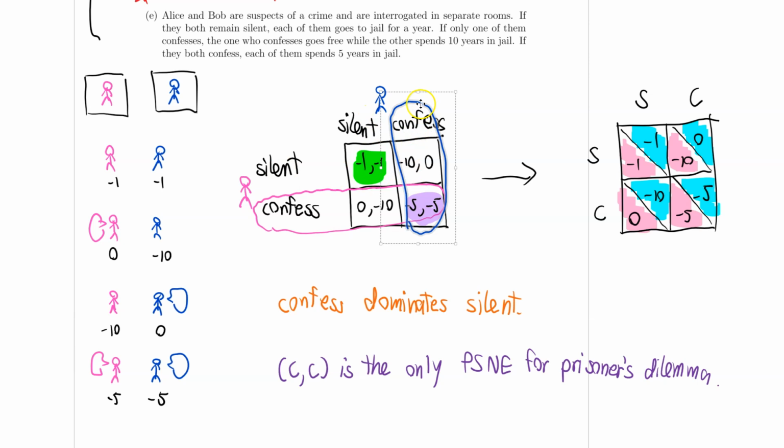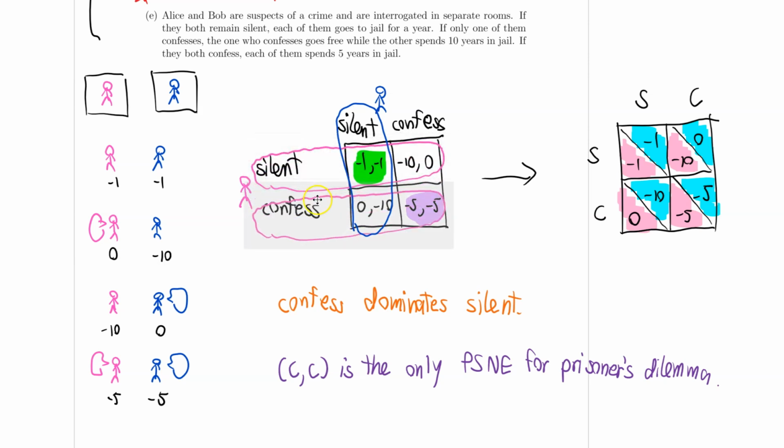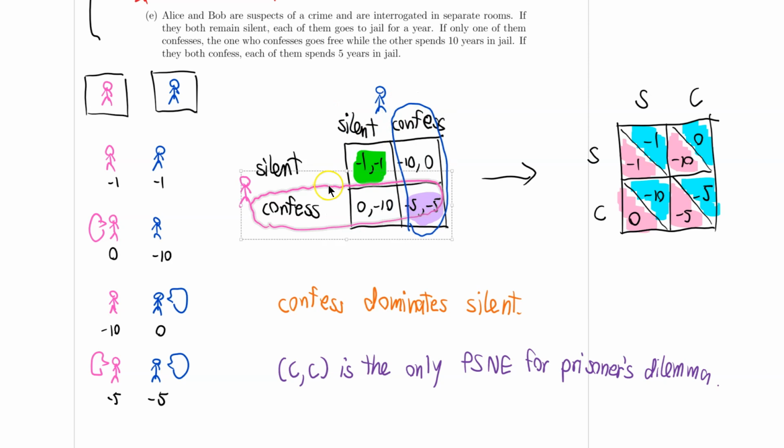For example, if Bob were to remain silent, putting ourselves in Alice's shoes, we should just confess and go free. On the other hand, if Bob confesses, then I have to choose between going to jail for 10 years or 5 years, and 5 years is the better option. So if Bob confesses, I should confess. What that means is no matter what Bob does, Alice should always just confess.